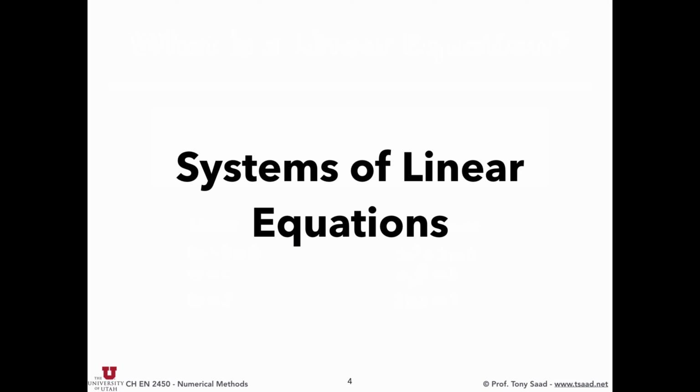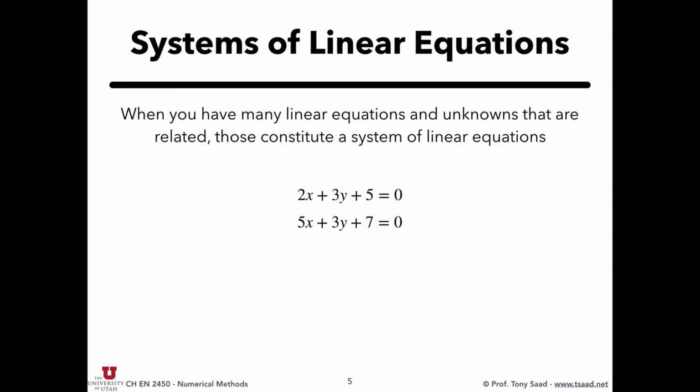Now on to systems of linear equations. When you have many linear equations and unknowns that are related to each other, so you have two unknowns and two equations, for example, that are connected with each other, then that constitutes a system of linear equations as long as the individual equations are linear.